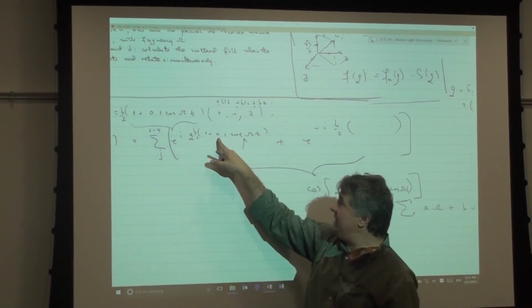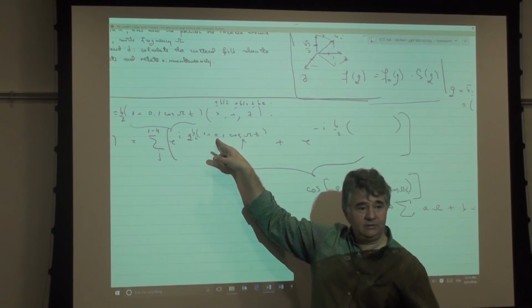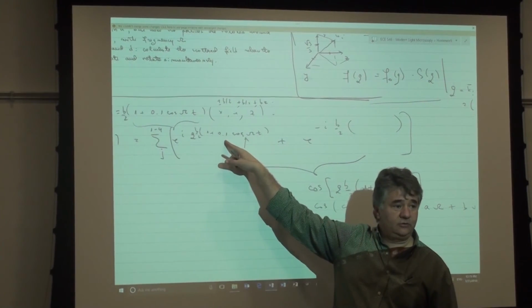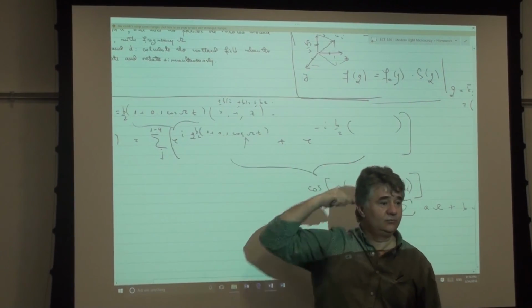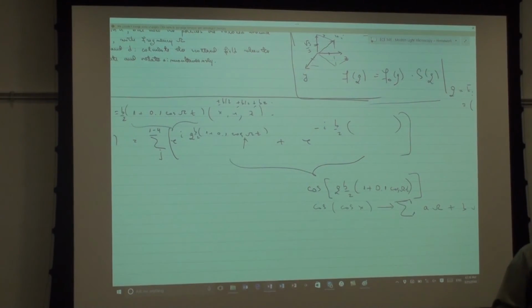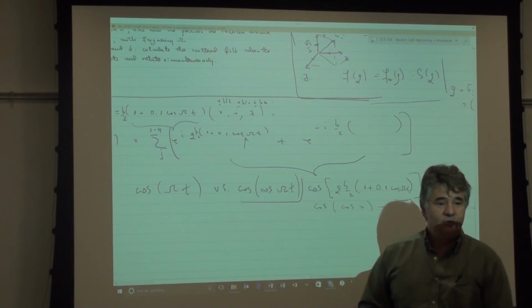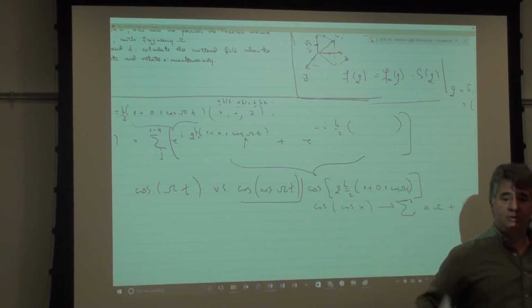But because your phase has cosine in it, you will get also the harmonics. Do you see the difference? Or no? It's the difference between cosine of omega t, which is a nice sinusoidal function, versus cosine of cosine of omega t. Very different. The second one has multiple harmonics in it.